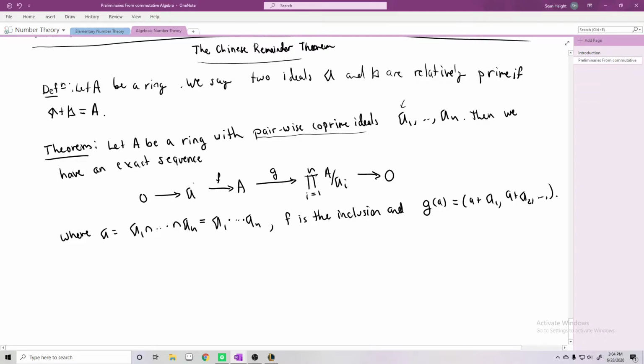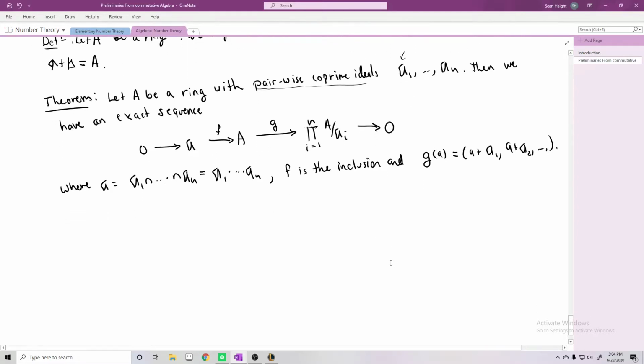And the result says essentially that if I quotient out by the product or by the intersection, which are the same in this case, if I take A mod the product of these ideals, it splits up as a direct sum, or a direct product, I guess it's finite so it doesn't really matter, of the quotient rings. So quotienting by the product of the ideals is the same thing as taking the product of the quotients. That's what this sequence being exact means.